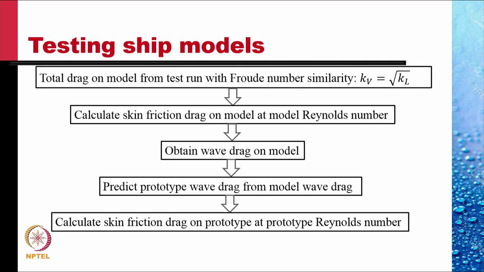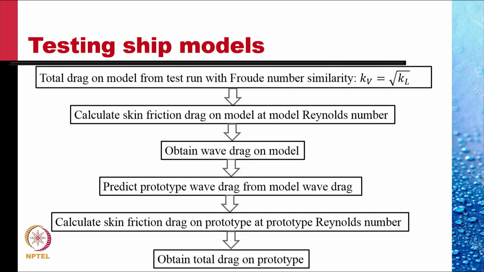I know the prototype Reynolds number, so I can use the flat plate formula to calculate this skin friction drag, and then add this skin friction drag to the wave drag predicted in the earlier step to obtain the total drag on the prototype. This is the scheme of testing of ship models for drag that is employed almost exclusively.